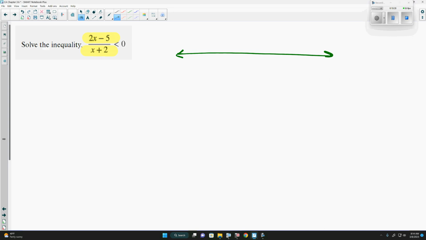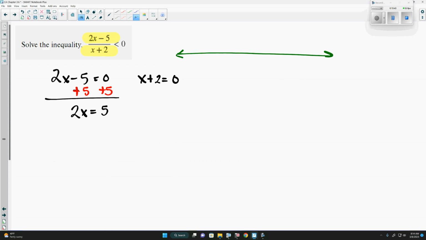So our numerator is 2x minus 5. We want to see what's going to make it 0. And we also want to see what x plus 2, the denominator, is going to be 0. Now, if we look at the numerator first, we can add 5 to both sides, telling us that 2x is equal to 5. Then we can divide both sides by 2, telling us x is equal to 5/2.